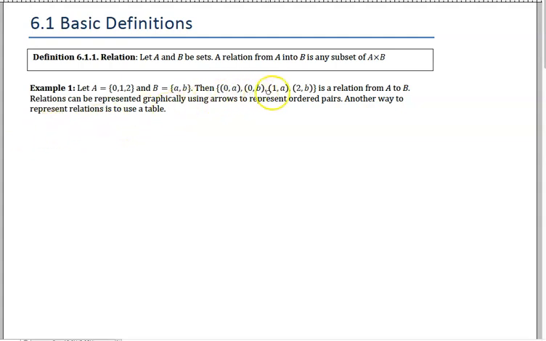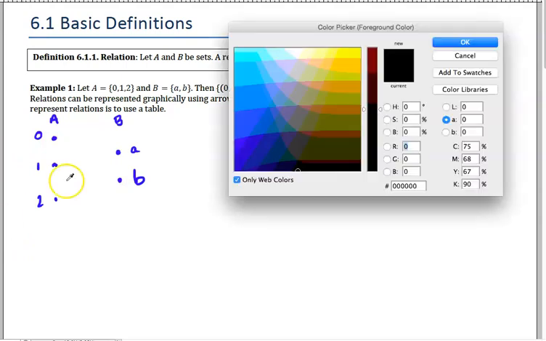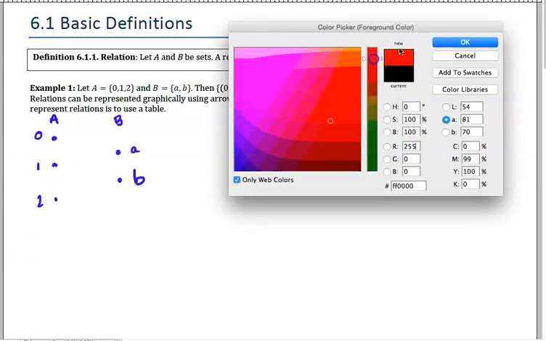As I said, a list of coordinate points works for representing a relation. Also graphically, what we mean by graphically here, we're going to list the elements of the first set, 0, 1, 2, like this on one side. So those are elements of set A, and the elements of set B are A and B. And basically we can use arrows to show the relationship between the two sets.